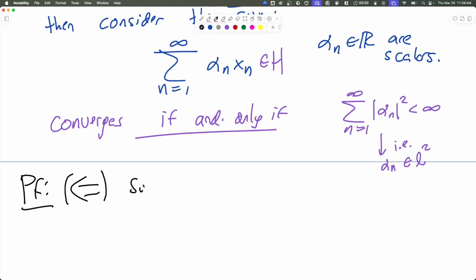So suppose the sum of the alpha n squareds are finite. So in other words, pretend you knew that the coefficients were in lowercase L2.